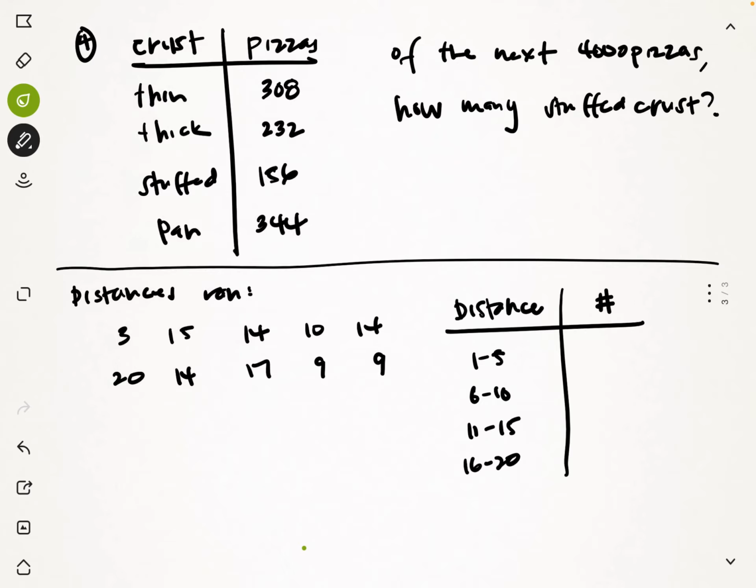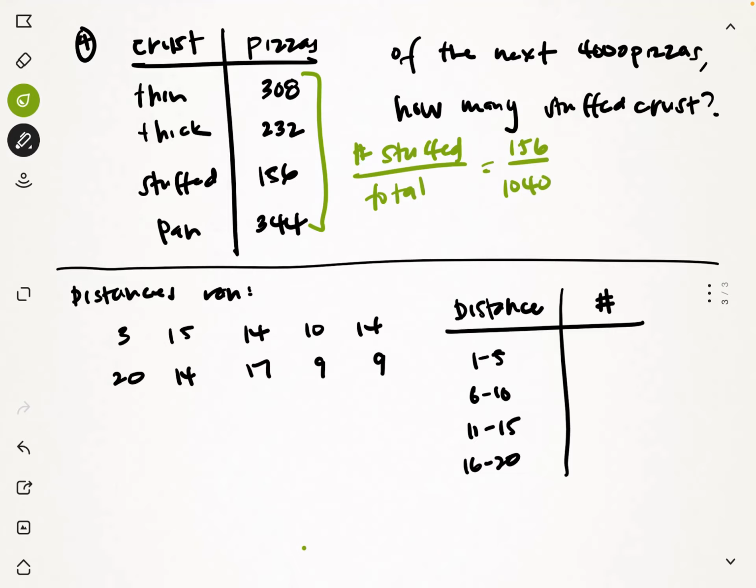So remember, when we're doing this, we have to do the number of stuffed over the total pizzas sold. Okay, so if we add all these numbers up, then we end up with 308 plus 232 plus 156 plus 344 is 1040, and the stuffed crust is 156.